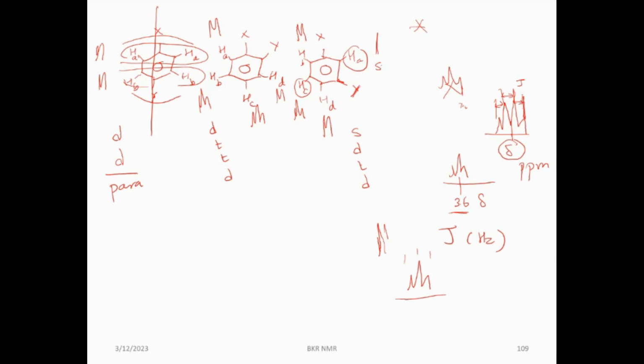Just multiply the ppm with the megahertz of the instrument. ppm is 10 power minus 6, mega is 10 power 6, they cancel, so what you get is in hertz. I'll solve the problems and then I'll make it very clear to you people.